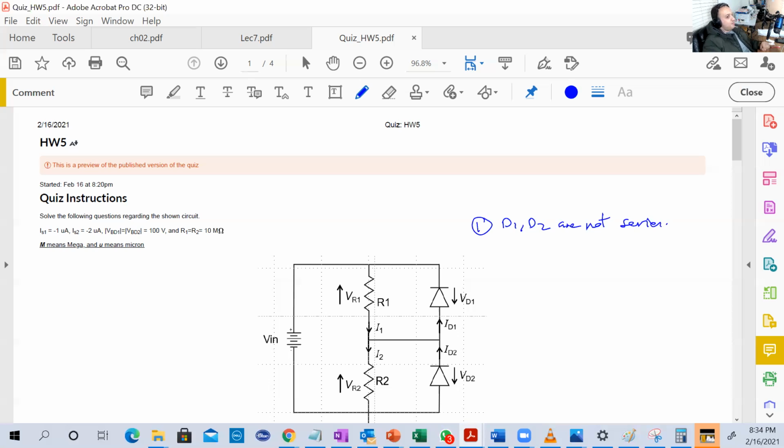So basically, the second clue: you can assume that each one, either D1 or D2, is in region 2 or region 3, the breakdown, I mean. Remember, when we assume it's in region 2 or region 3, this facilitates the solution, because if it's in region 2, you know the current. One of the unknowns becomes known. If you are in region 2, remember the characteristics were something like this.